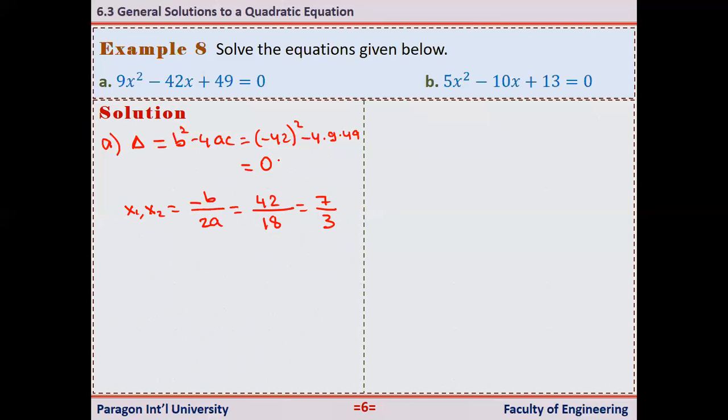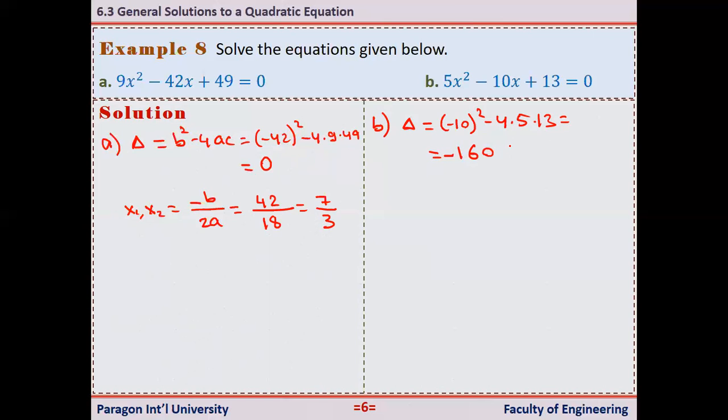How about question B? Here delta is equal to minus 10 squared minus 4 times a, which is 5, times c, which is 13. That is 100 minus 20 times 13, which is equal to minus 160.